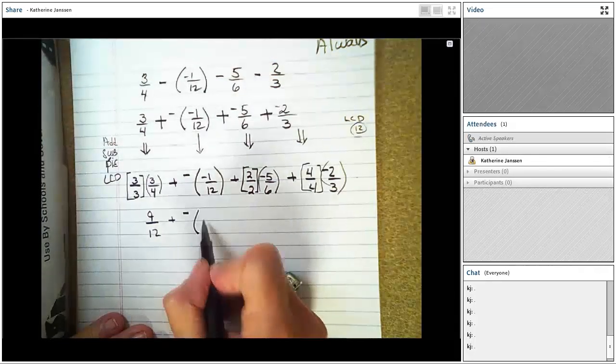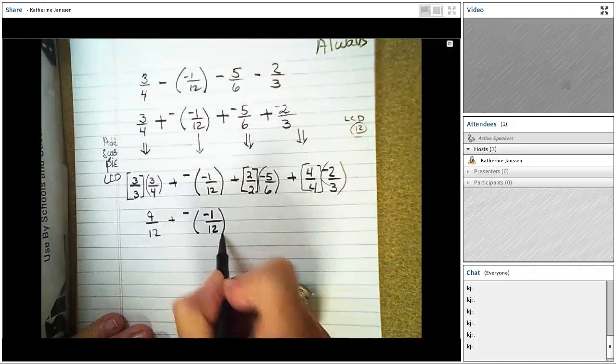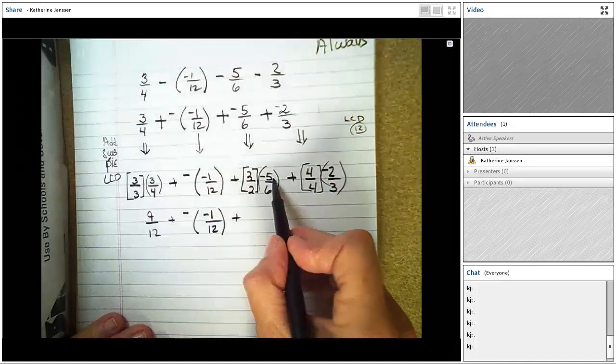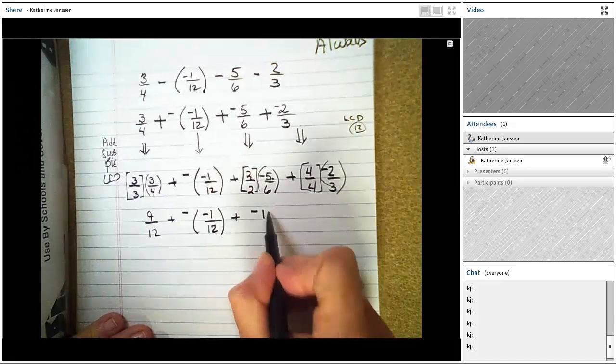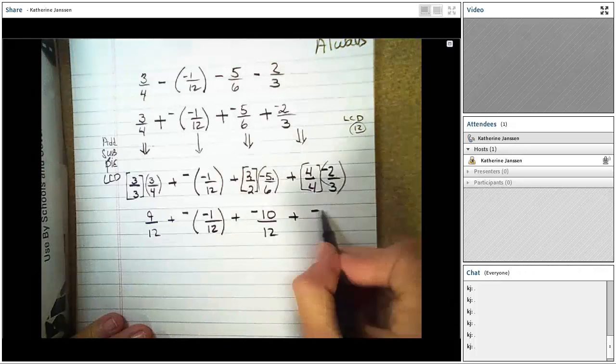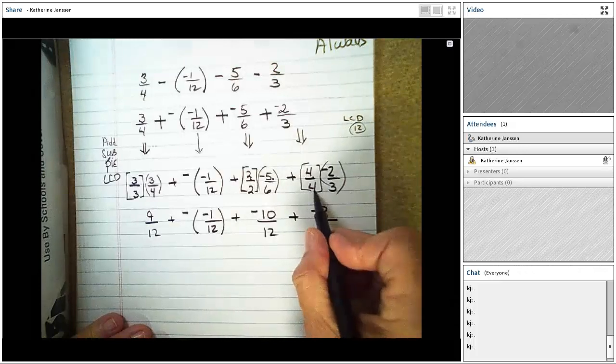And I have the opposite of 1 over 12, plus 2 times a negative 5 would be a negative 10 over 12, plus 4 times a negative 2 is a negative 8. 4 times 3 is 12.